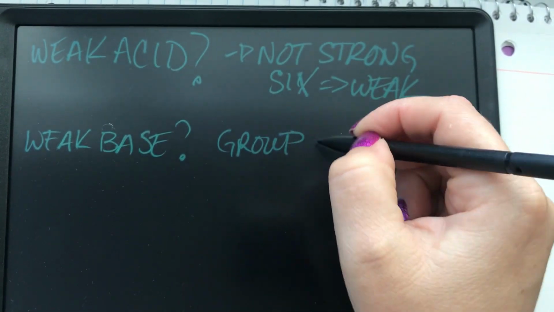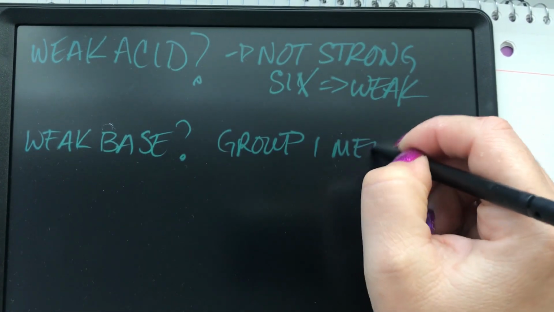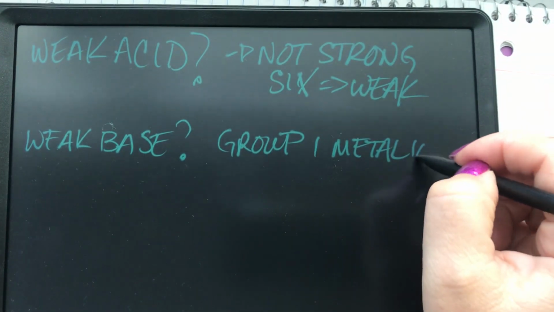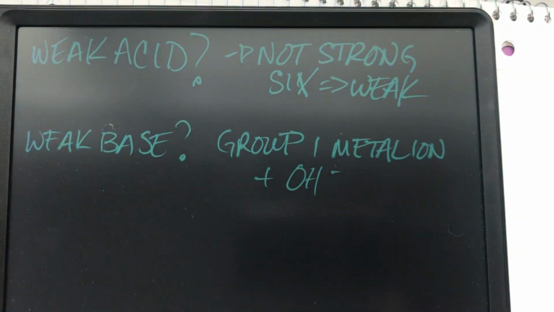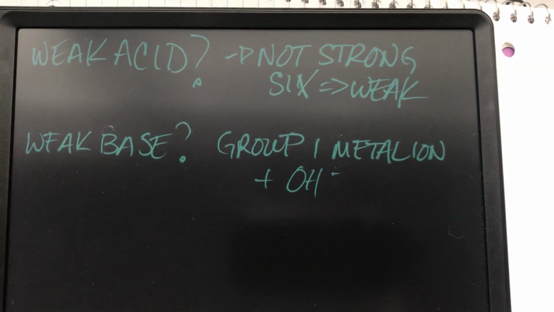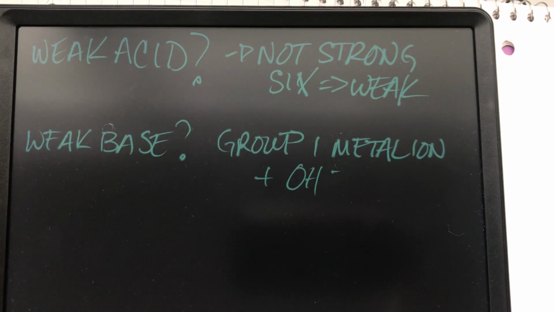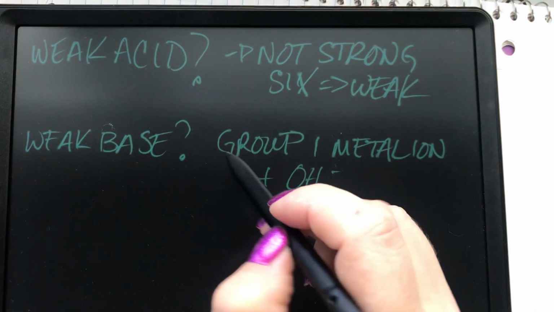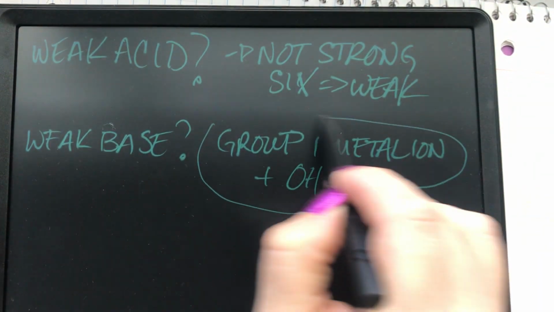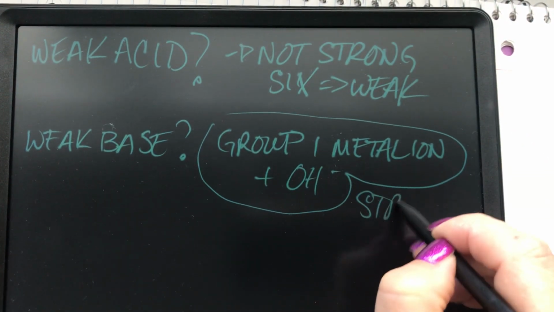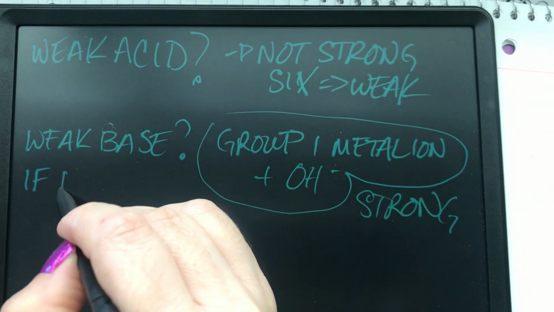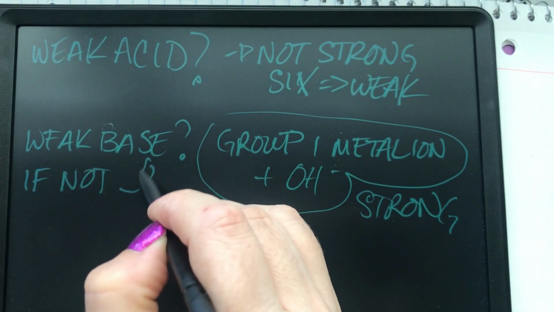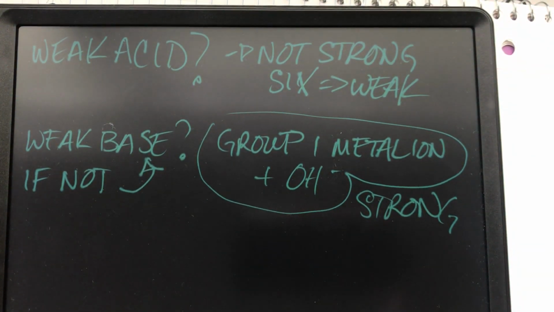Strong bases are any group 1 metal cation linked up with the OH. So if it's this, it's strong. If not, then it's weak. Okay?